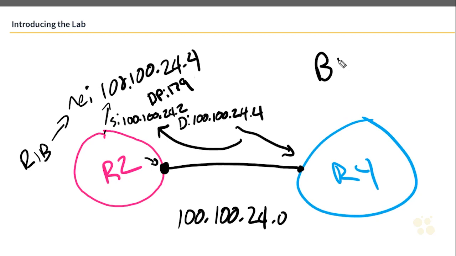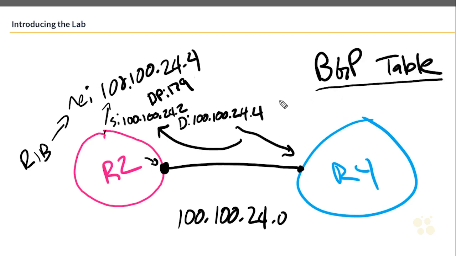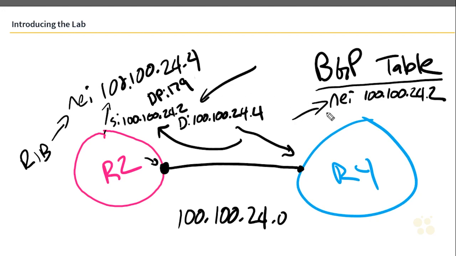And it checked its BGP table to see if it had any neighbors configured with that specific address. Because we had typed the exact statement 100.100.24.2, it saw that this packet that came in from 100.100.24.2 matched a neighbor statement. It then validated that the autonomous system that was sent in that TCP packet matched the remote AS statement, which it did, and it knew that this was a valid neighbor that it could form a neighbor relationship with.